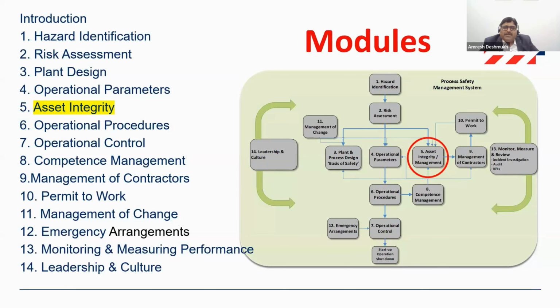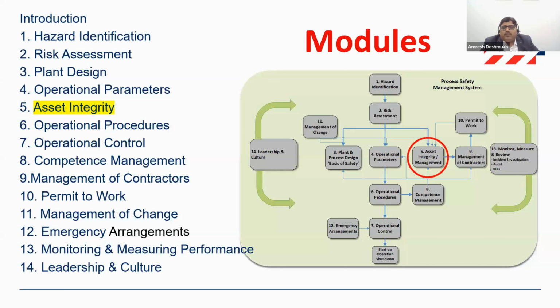The objective of doing it this way is that your entire asset integrity program has to be risk based. The maintenance plans that you devise within your asset integrity program have to be suitable to contain the hazardous material in the primary containments.